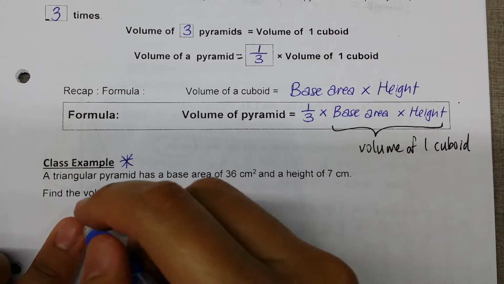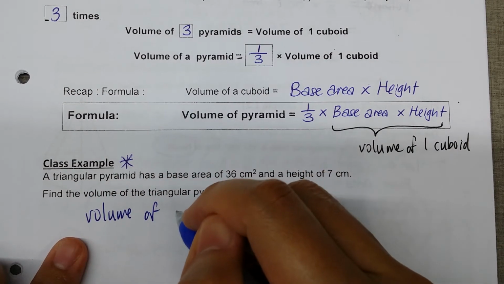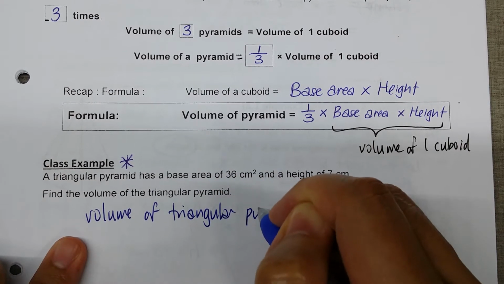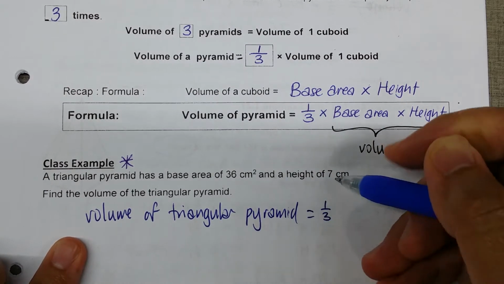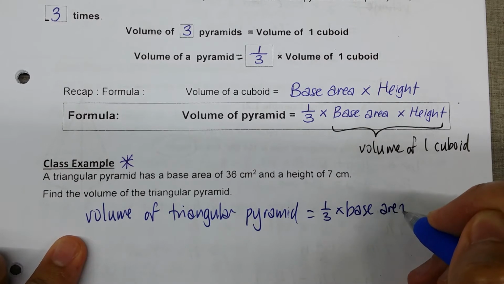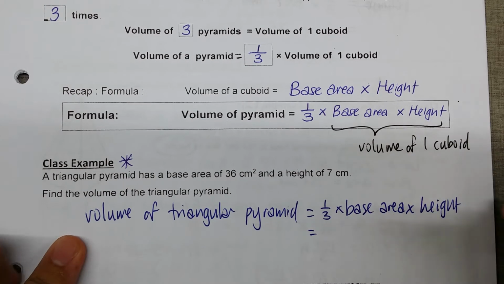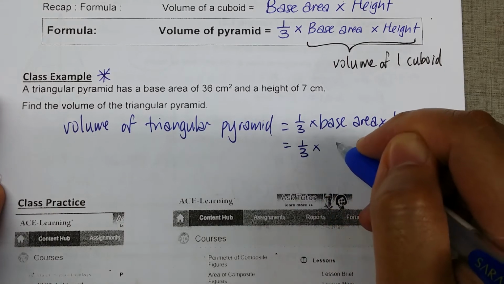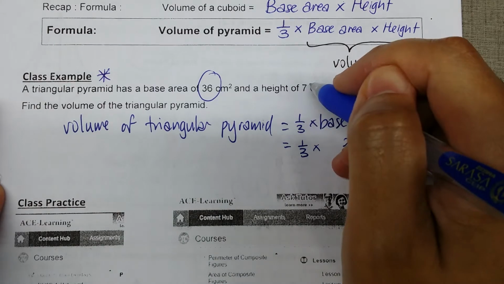So using the formula, the volume of a triangular pyramid is equal to 1/3 times base area times height, which equals 1/3 multiplied by 36 multiplied by 7.